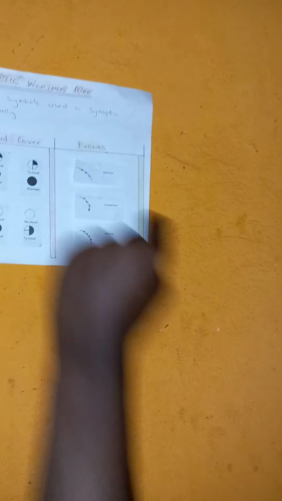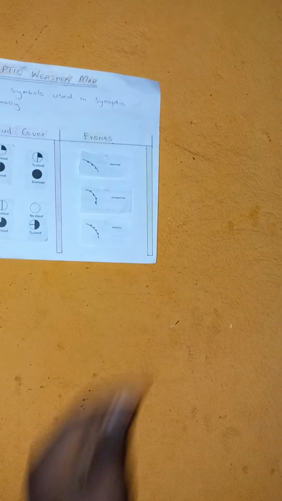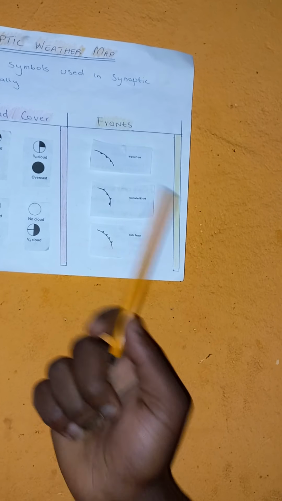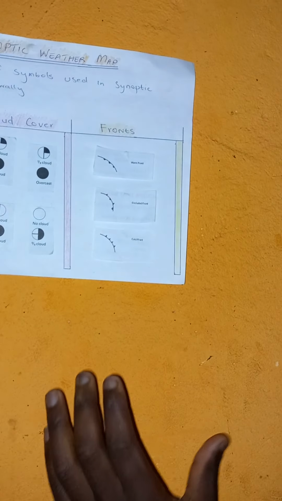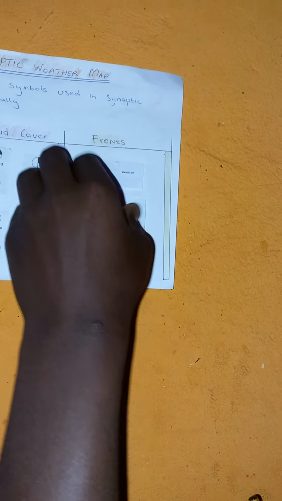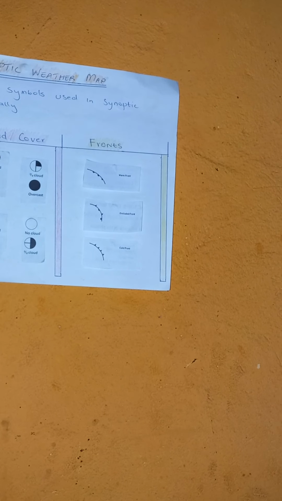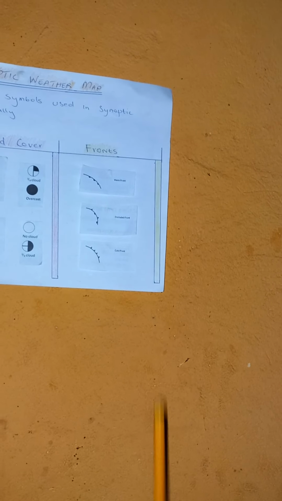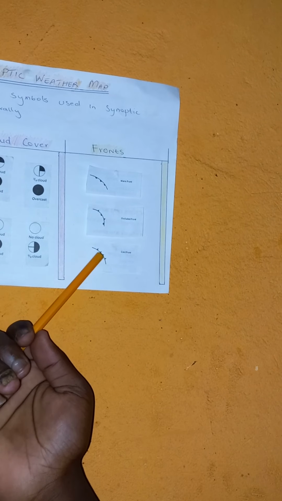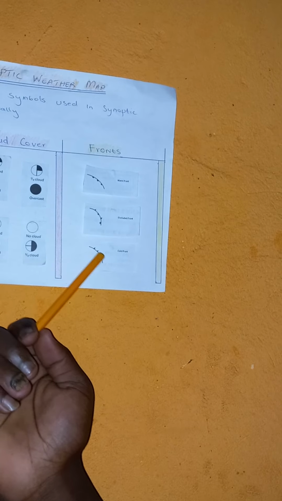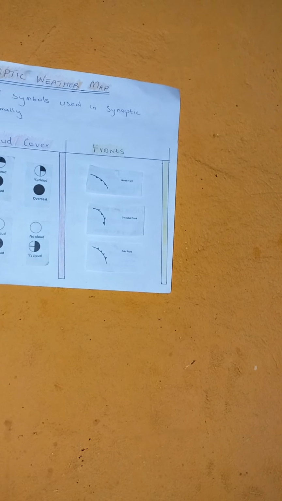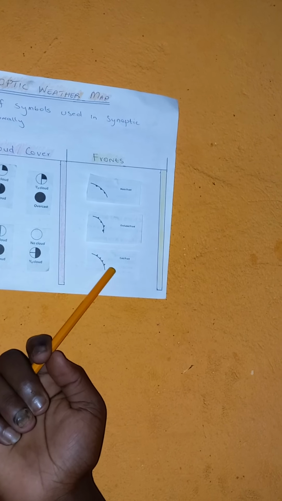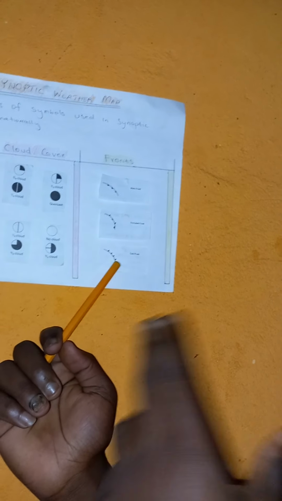Okay, let's move on to the fronts. We have the warm front. The warm front has those little small circles on that line. A warm front shows that it is warm today. Then there is the cold front. Every time you see this sign, you're going to be able to identify that today it is very cold. A cold front has little triangles.